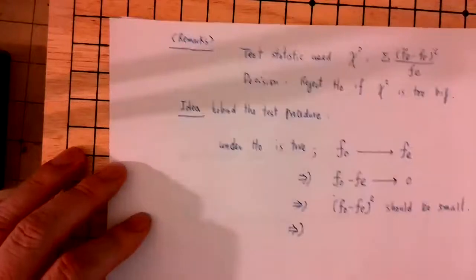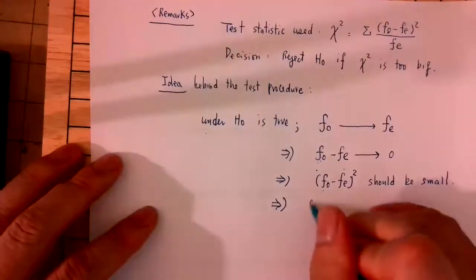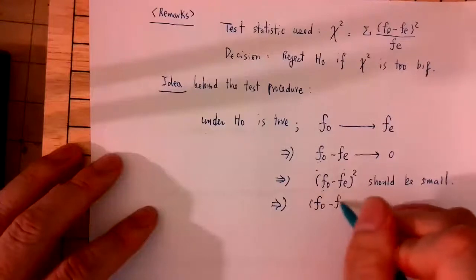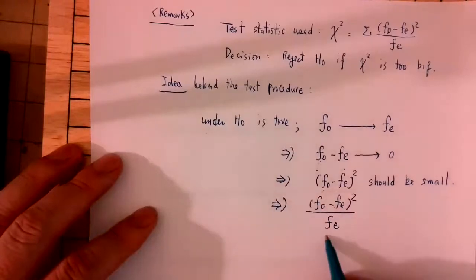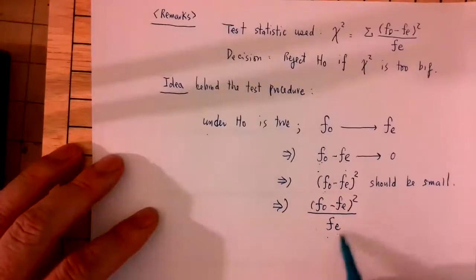And that is to say, FO minus FE squared divided by FE. FE is the expected frequency, and this number is a positive integer. So dividing by it should make this one even smaller.